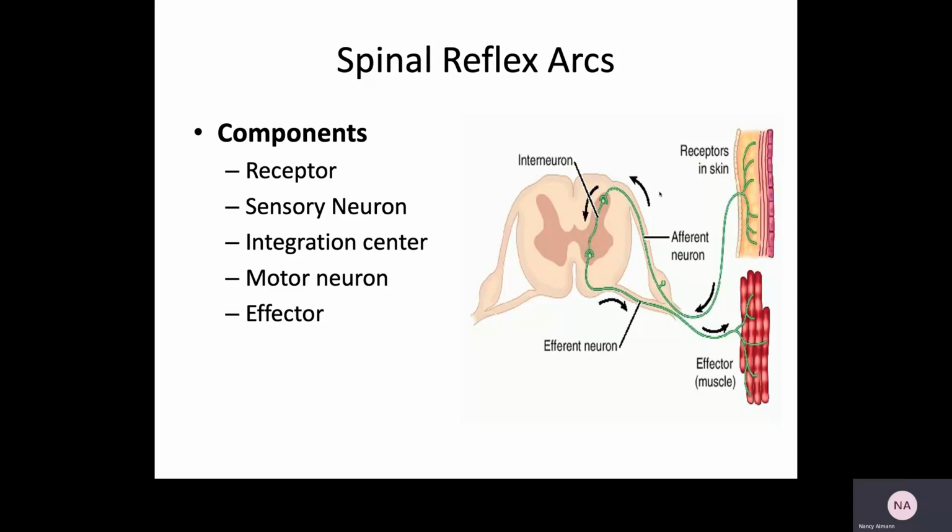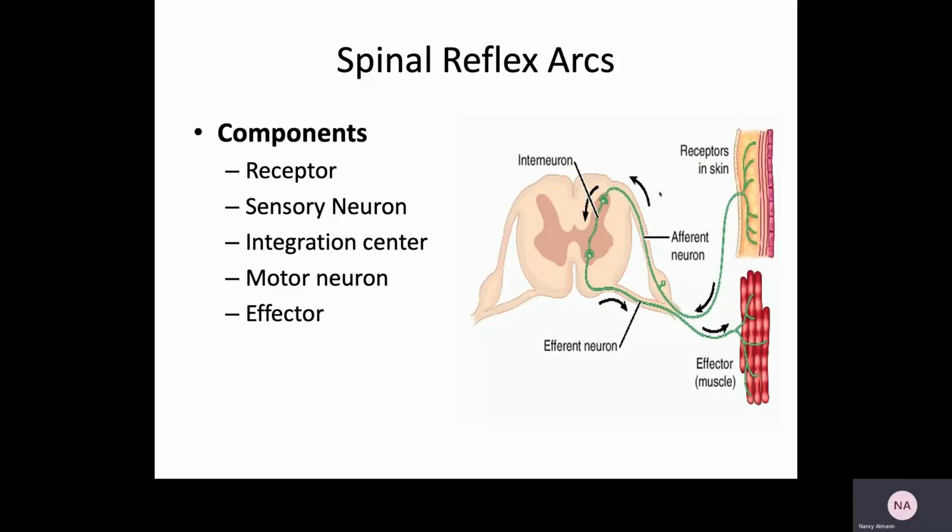100% probability you're going to see questions about the spinal reflex arc on either the practical and/or the last lecture assessment. You need to know the components of a spinal reflex arc in order: receptor, sensory neuron, integration center, motor neuron, effector.